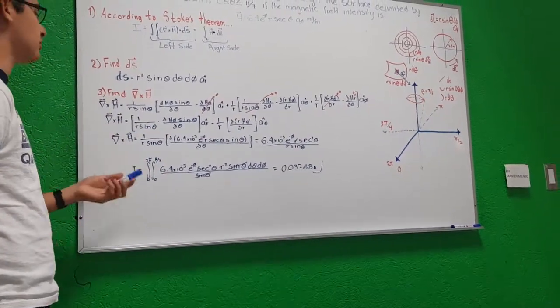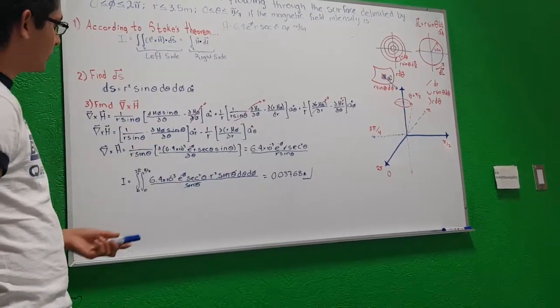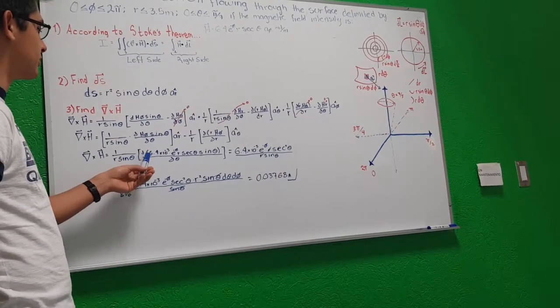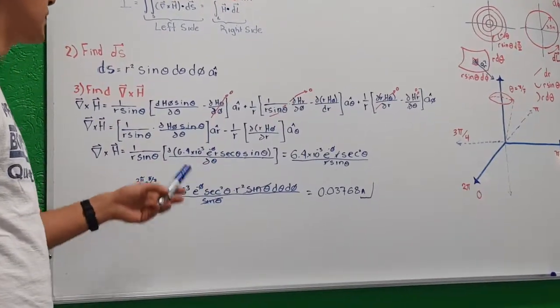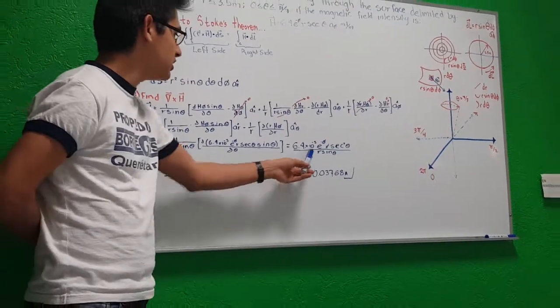term that is gonna survive, and we have to do the operation, for example, the multiplication, but the first one is to do the partial derivative of the vector with respect to theta, and after that we do the multiplication. This is the result.